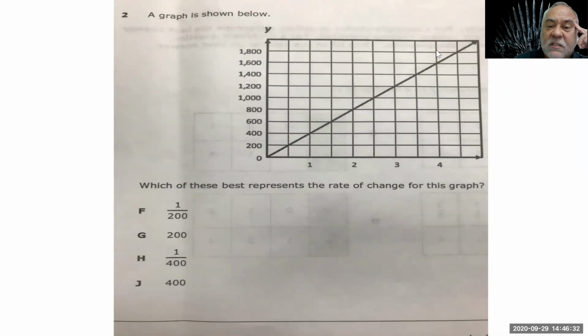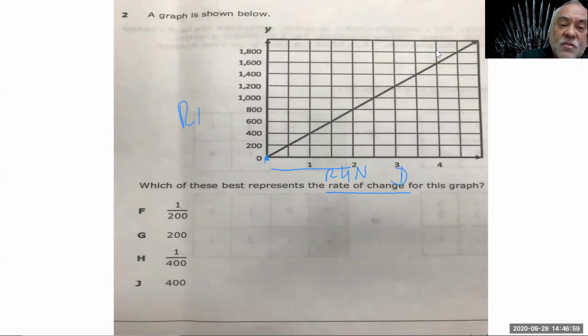Okay, a straight slope problem. Which of these best represents the rate of change for this graph? So pick any point. I'd start with 0, 0. That makes it easy. And then go to 1. Your denominators, because remember this is run with the domain.